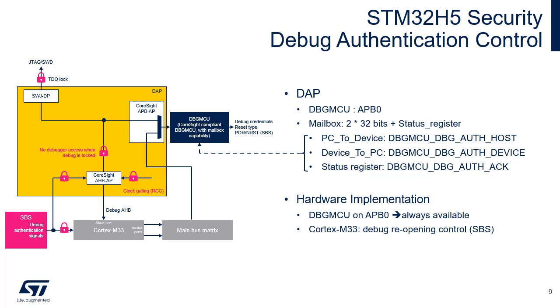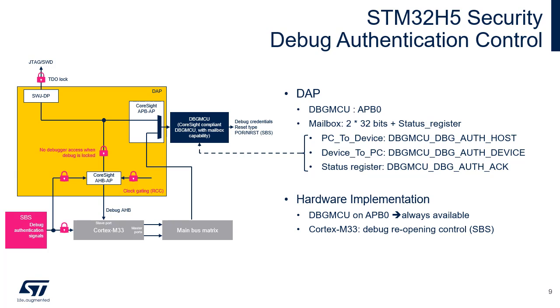In this figure, the locking mechanisms are highlighted. TDO, test debug out signal, can be locked, preventing any communication on JTAG and also serial wire output. Access to AHB-AP is locked when debug is locked, preventing debugger access to Cortex-M33 registers as well as memory and peripherals.